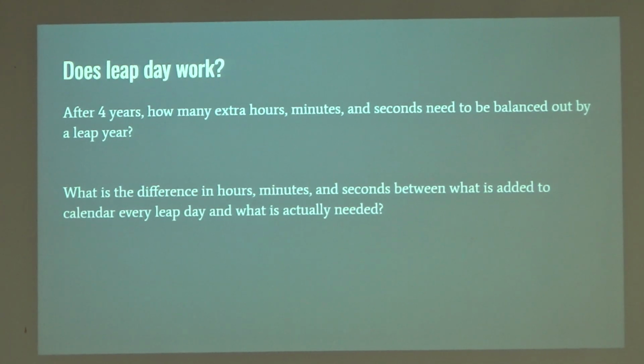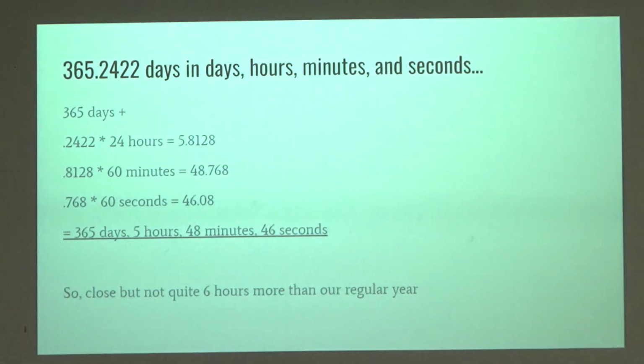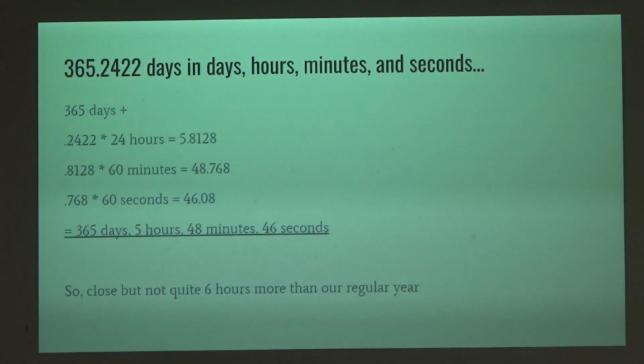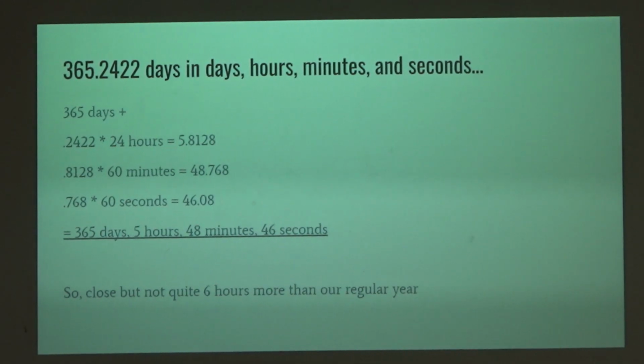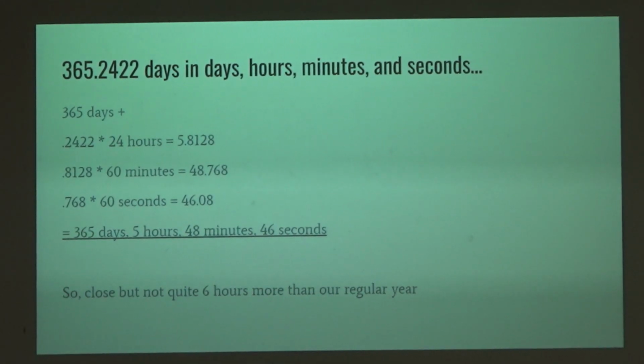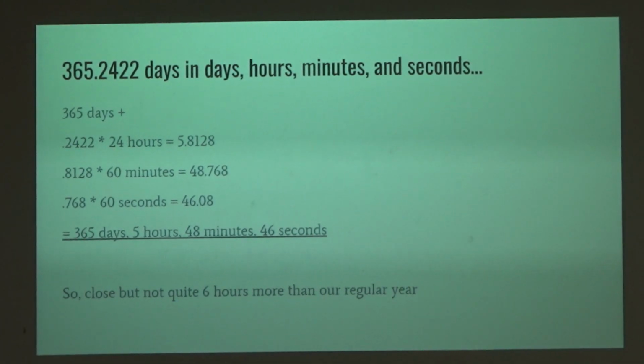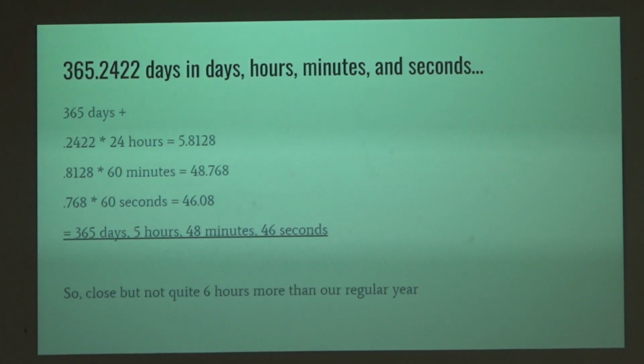Every year we have an extra 5 hours, 48 minutes, and 46 seconds, right? So after 4 years, how much extra time do we have approximately? Actually, in hours, sorry.